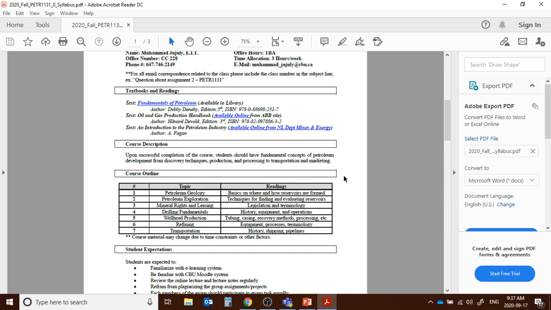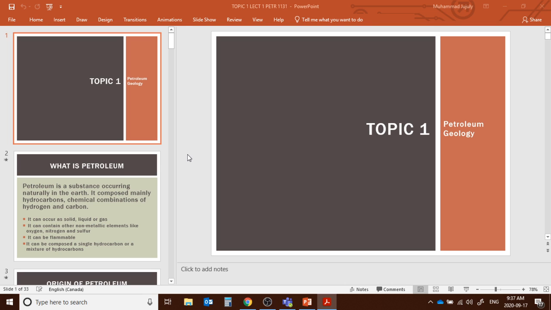Today's topic is petroleum geology, so we'll have a basic understanding of the reservoirs: what reservoirs are, how reservoirs form, what the characteristics of a reservoir are, and how the fluids, the petroleums, get trapped in the reservoir. The way we detect and identify them, the exploration part of the reservoir, will come in the following lecture.